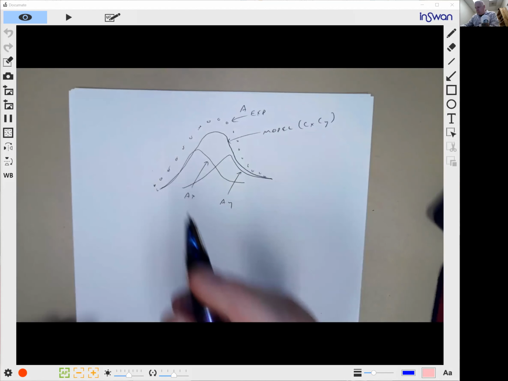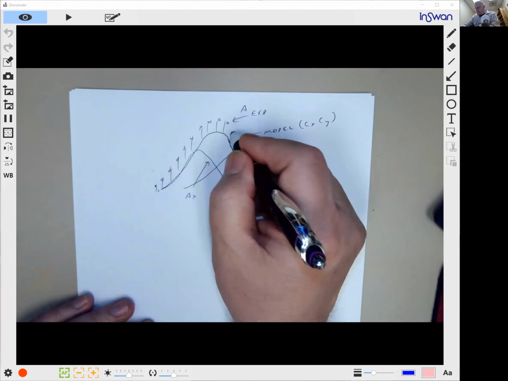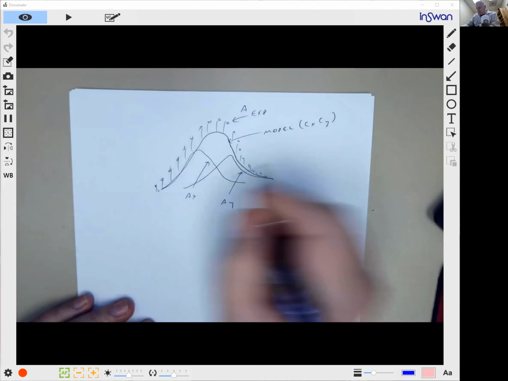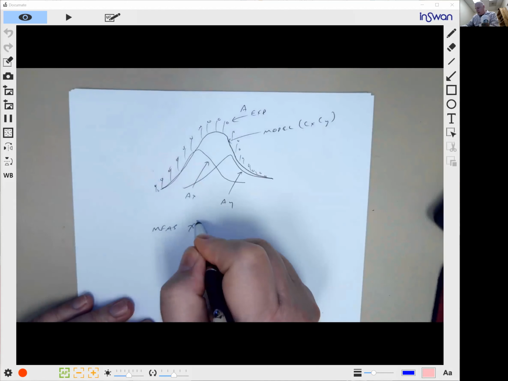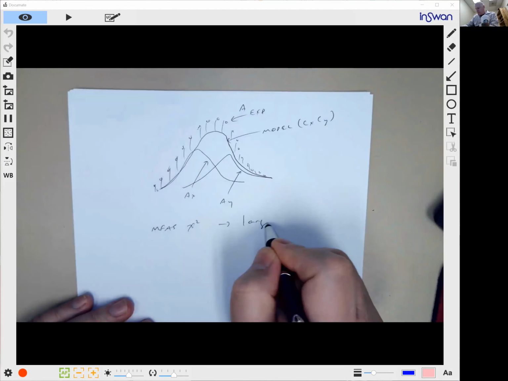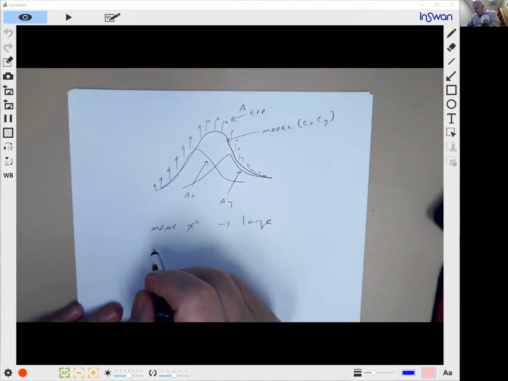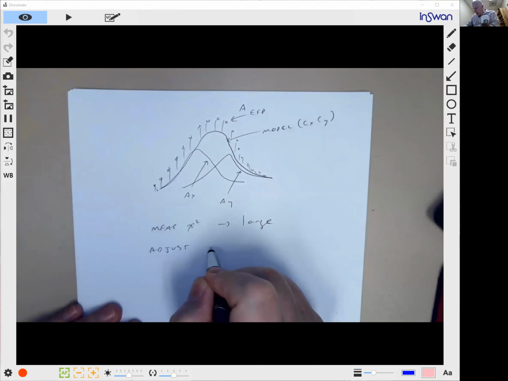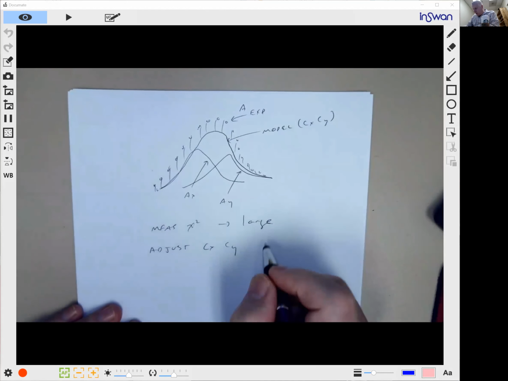And in this case, we measure chi squared, and it's large. And then we adjust Cx and Cy, and we make them both larger.